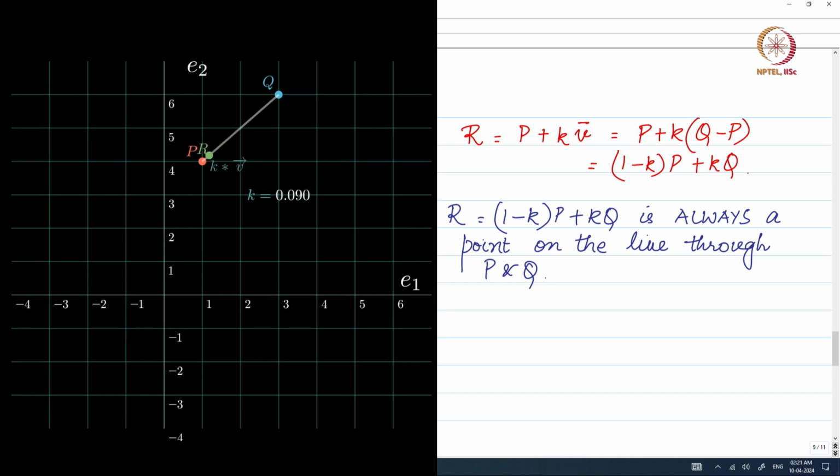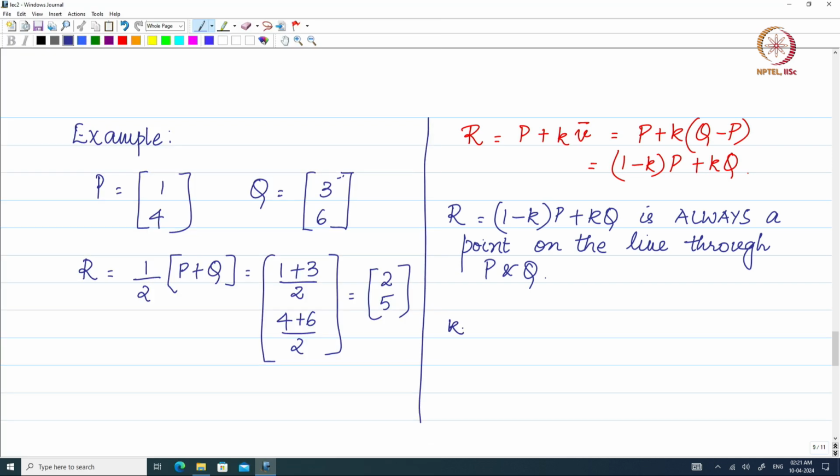It's easy to verify that the point R, which is given by 1 minus k times P plus kQ, is always a point on the line connecting the points P and Q, right. So the values k and 1 minus k are called the coefficients, right. Okay.